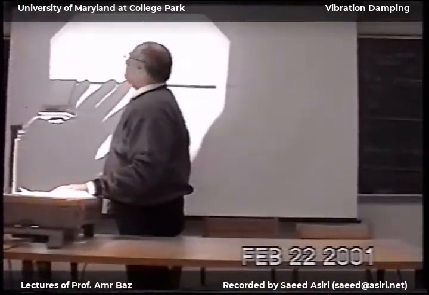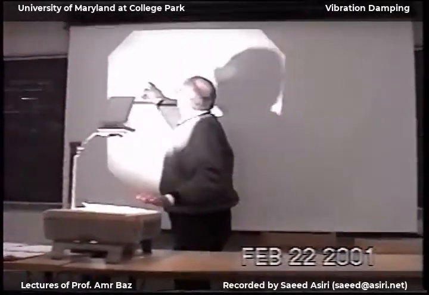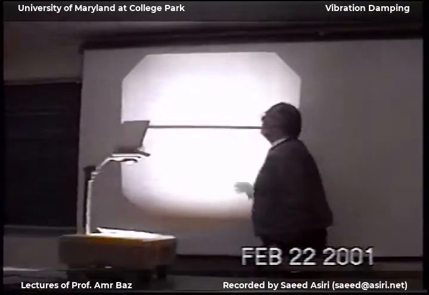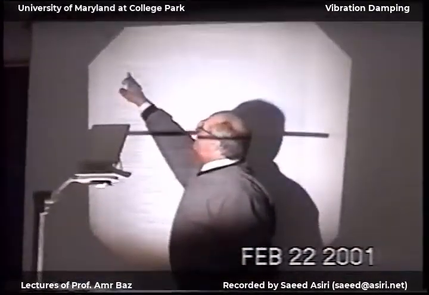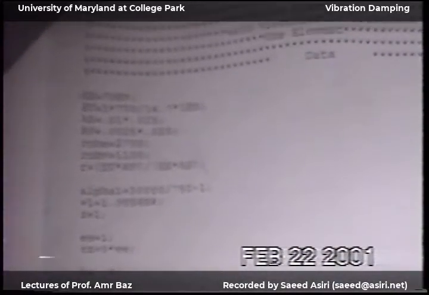Okay, so what we have here is a structure which is aluminum. And for the viscoelastic material that we have, please write next to this the data that I gave you for the DYAD 606, which were shear modulus.